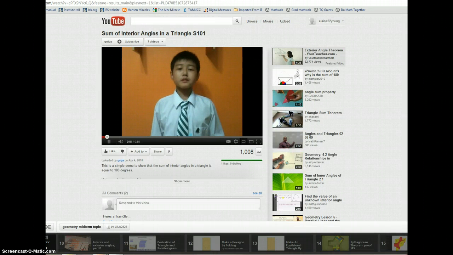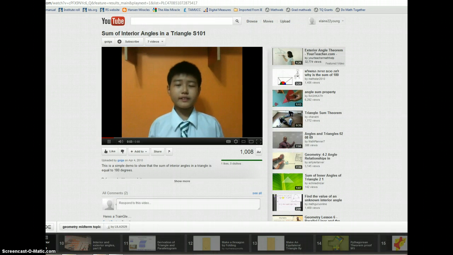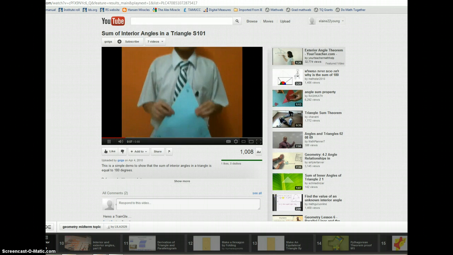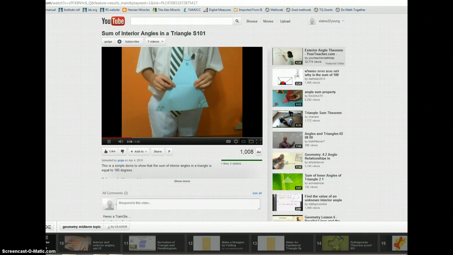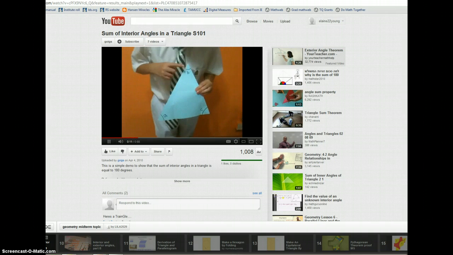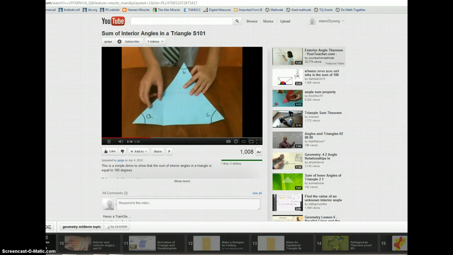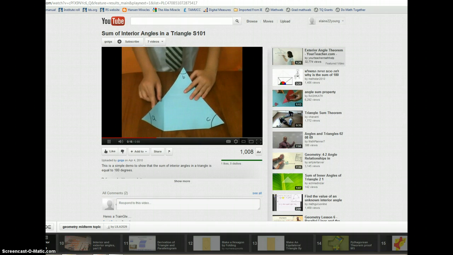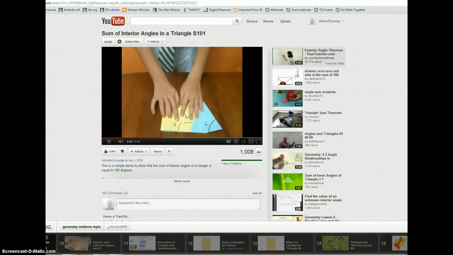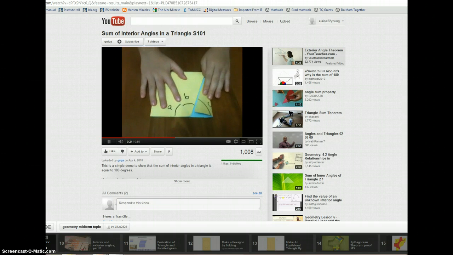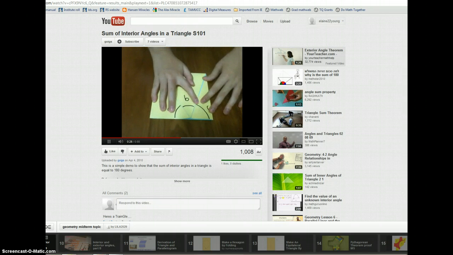Hi, I'm here to prove that the sum of the interior angles in a triangle is 180 degrees. Here is a triangle whose angles are marked A, B, and C. Join angle A and B together so that they form a straight line. Follow angle C to meet angles A and B at a point.